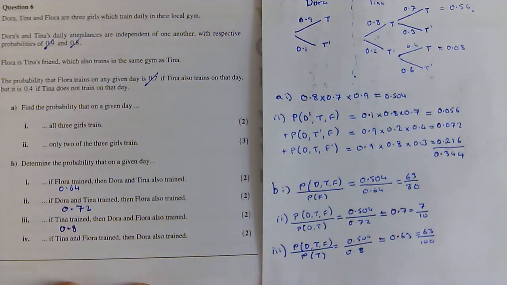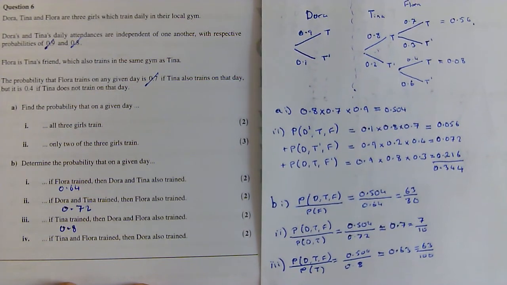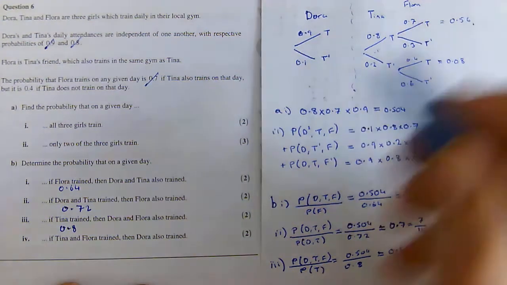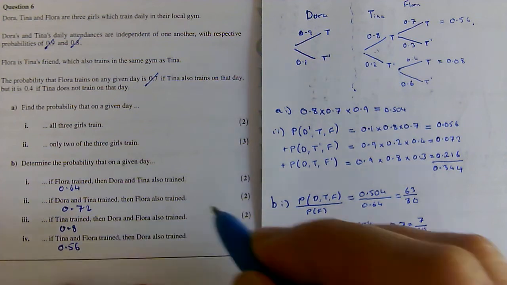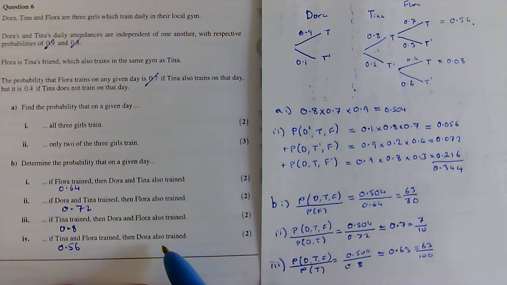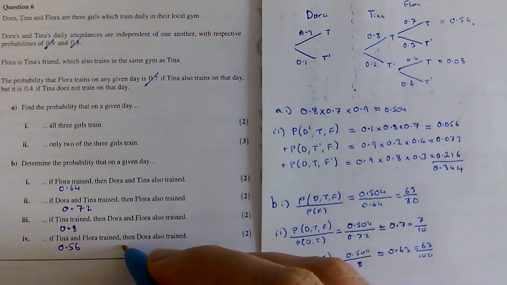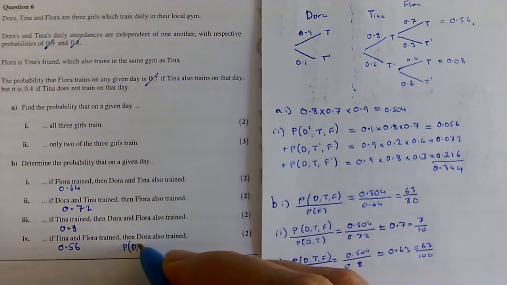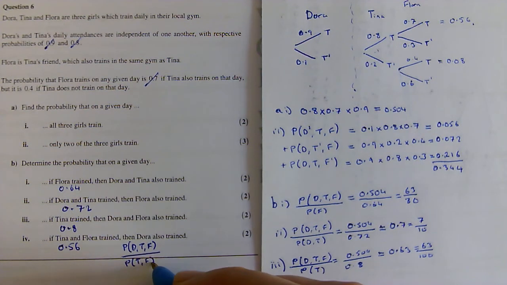The last one asks about Tina and Flora having trained. So Tina and Flora trained, which we know already is 0.56. The chance that Dora also trained is the probability that all three of them trained. So again, the probability of D, T and F divided by the probability that T and F trained.